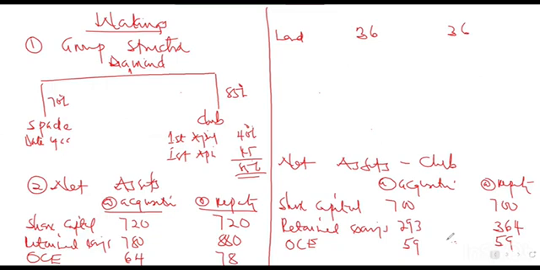Okay, so you can now find your post-acquisition profit. What is the post-acquisition profit for these people? 720 plus 780 plus 64 plus 36. I'm having 1,600.